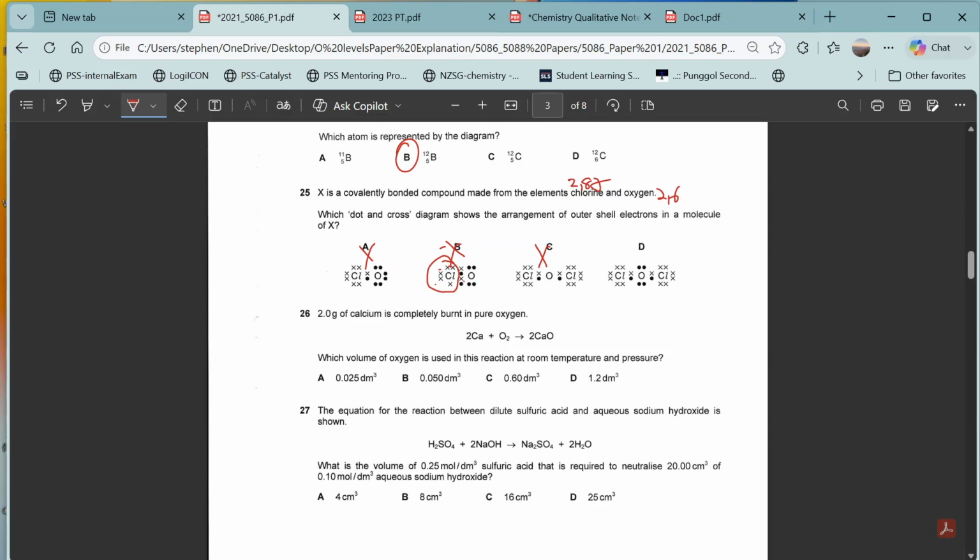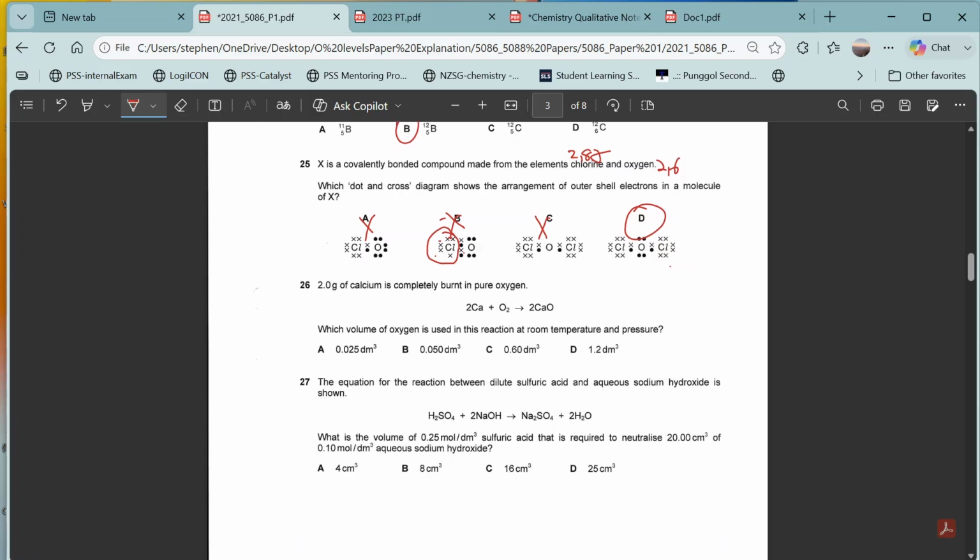So one of them is 9, one of them is 8. Okay, 9 is not acceptable, only 8 valence electrons after any covalent bonding. And of course the answer is D. If you count, you have 6 valence electrons, and after combination you have 8 and 8 for each of the elements.